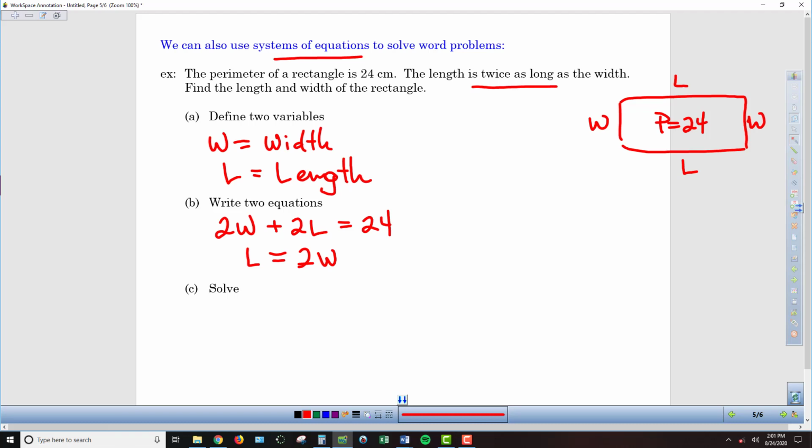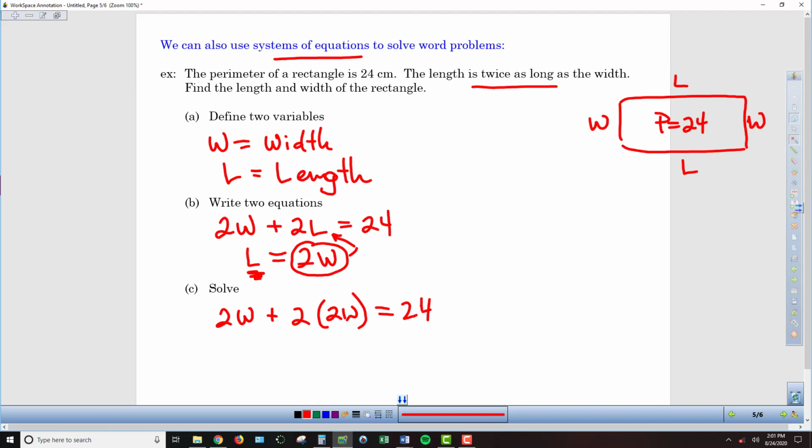And so now I'm set up in this case to use one of our two algebraic techniques that we have worked on, substitution. I've got L all by itself here, so that means in that top equation I can go ahead and take L and replace it with that 2W. So we've got 2W plus 2 times 2W in place of the L equals 24.